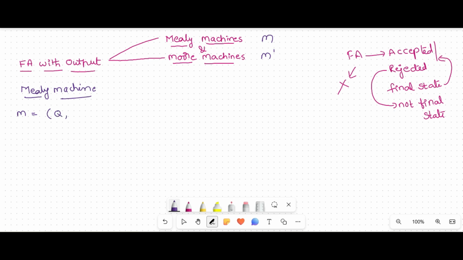What are those 6 tuples? Q, sigma, capital delta, small delta (I am using a small delta for differentiation purposes), lambda and Q naught. You know Q naught is the initial state.